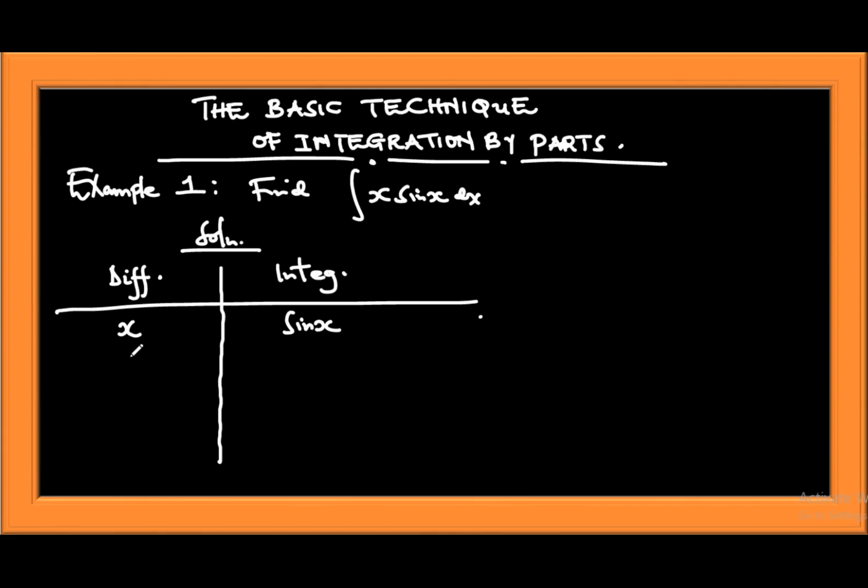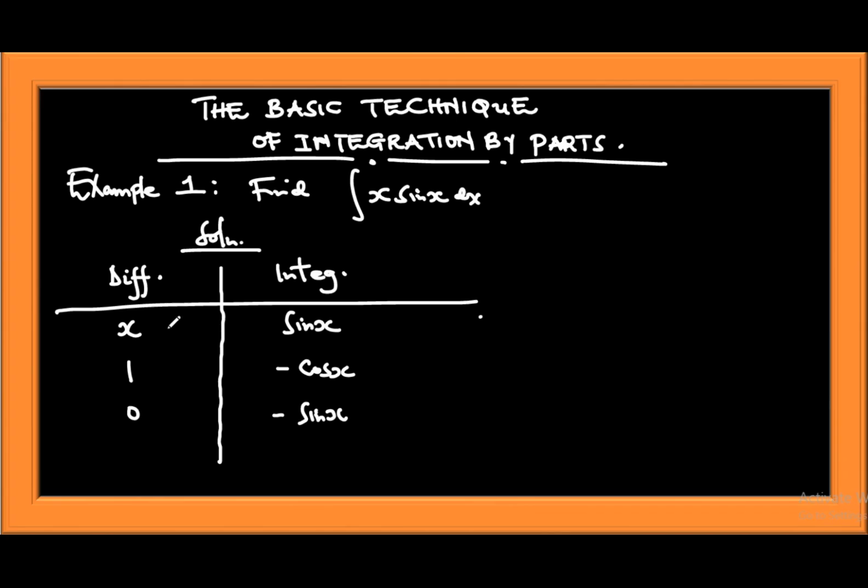Now, differentiate x with respect to x, you definitely get 1. Then you integrate sine x, and you get negative cos of x. Do the same again: differentiate 1 with respect to x, you get 0. That's our target. And when you integrate negative cos x, you get negative sine of x.